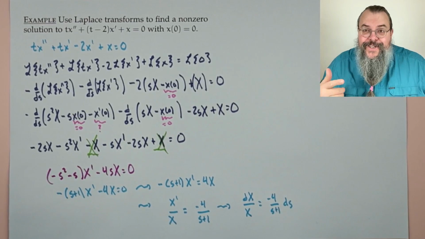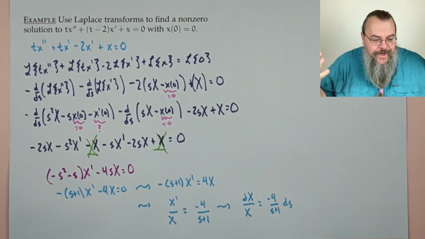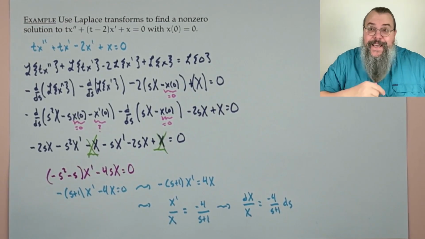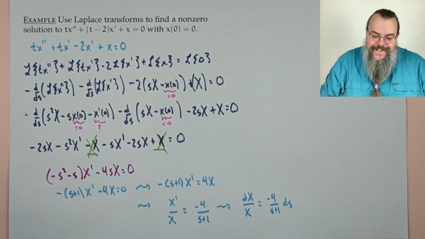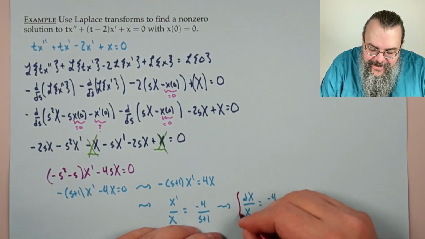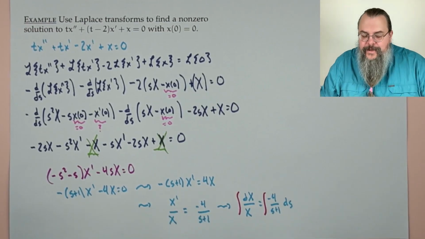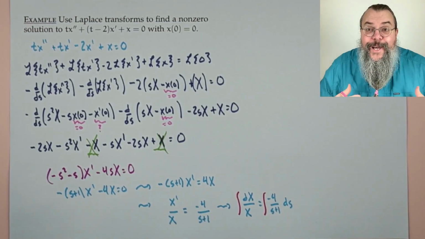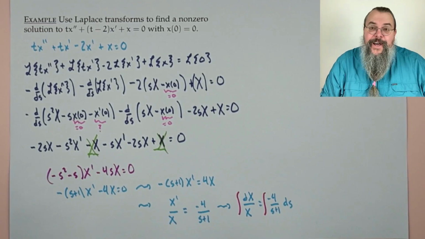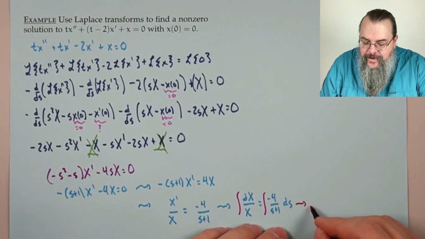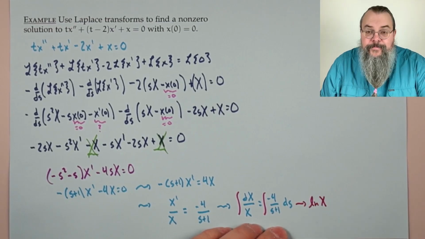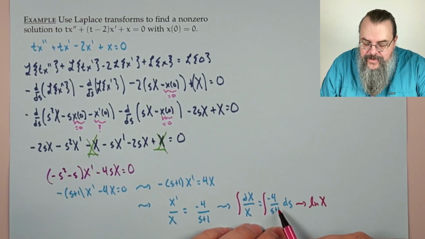Next comes integration. Isn't it great? It's like, what? All these ideas from way back at the start, they still work? Yeah, ideas are great, and they can transcend time and space. All right, the integral of 1 over x is log x. Now, what's this integral?